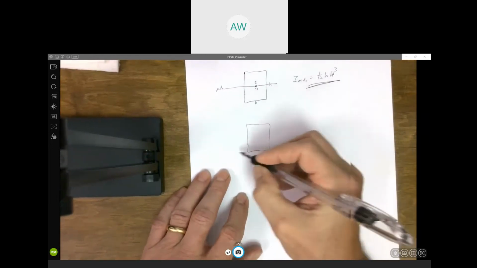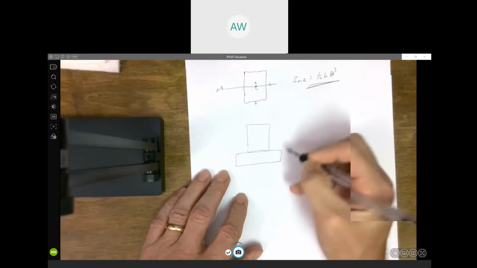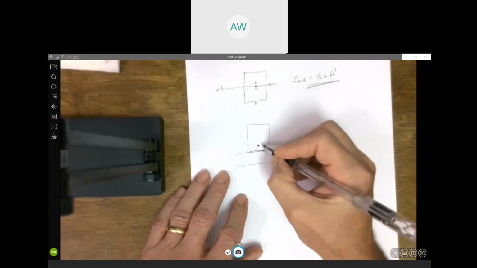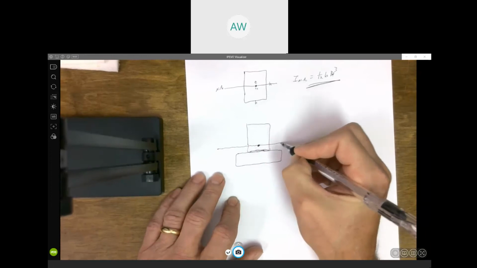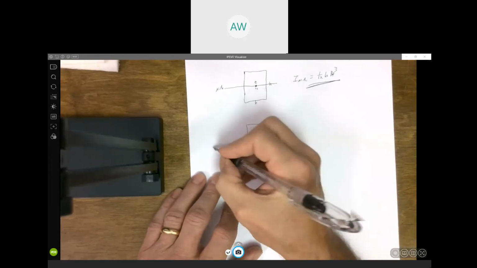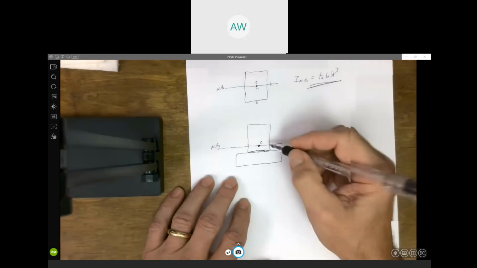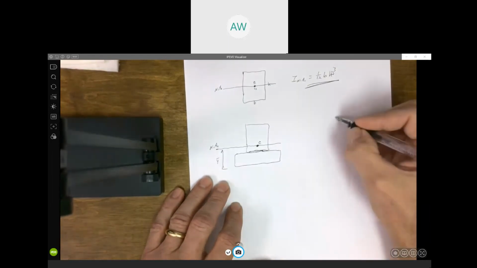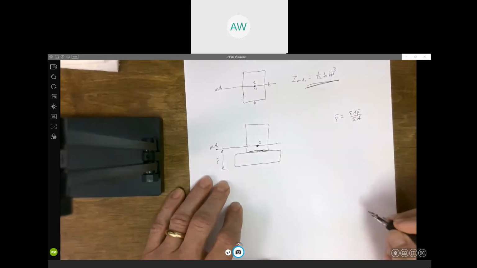But if we had the same thing, now we got 2 pieces. The centroid for the whole thing is going to be located down here closer to the bottom. And so that would be the centroid for the whole thing. That's where our neutral axis is. But we would need to calculate where that is, so that's where we would use this formula to locate where that centroid is.